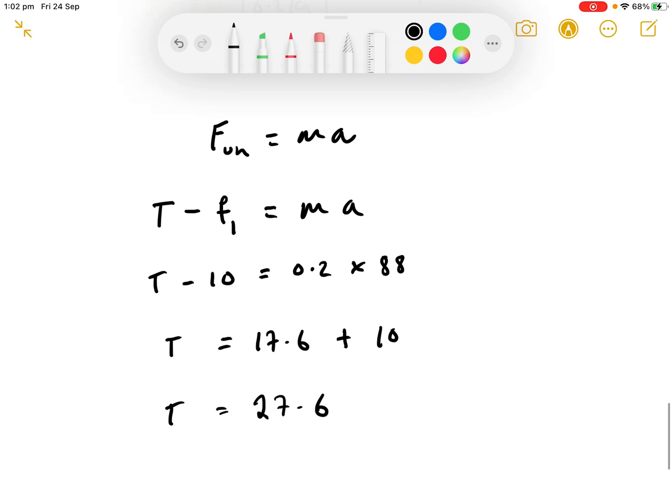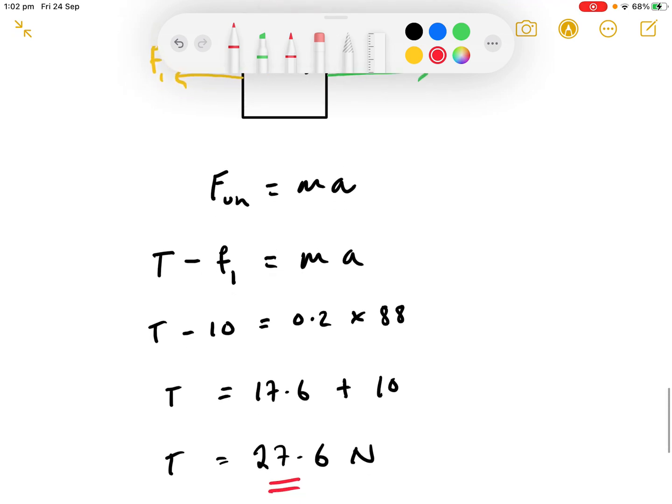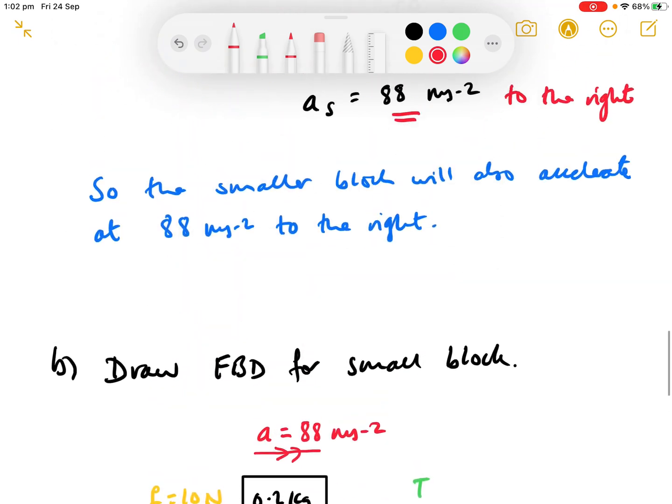So the tension equals 27.6 newtons. So that's the tension in the rope, which would allow that system to accelerate to the right at 88 meters seconds to the minus 2.